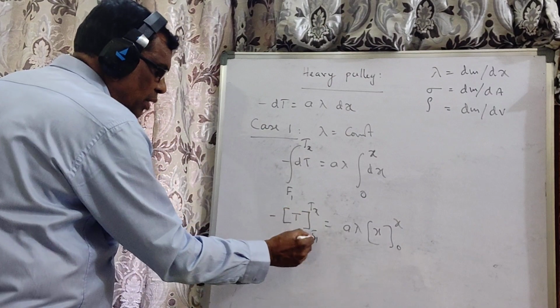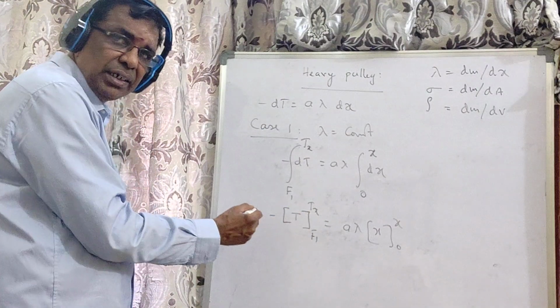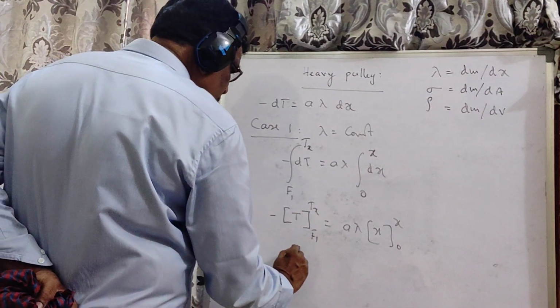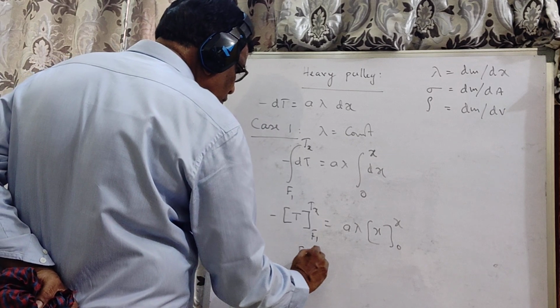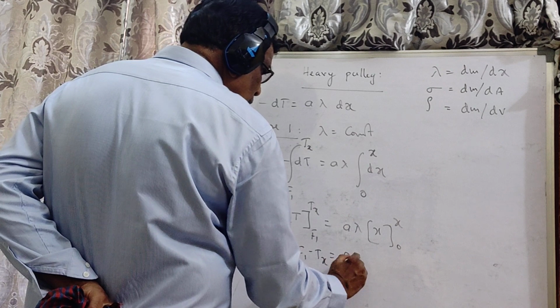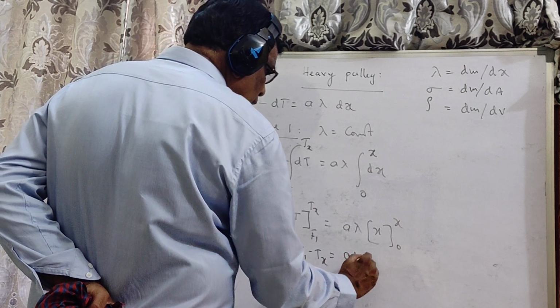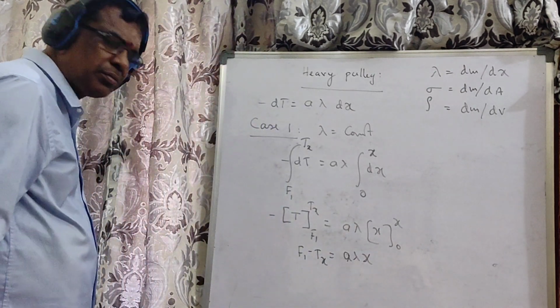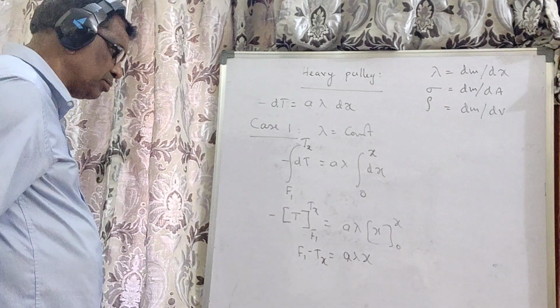So Tx minus F1. There is a negative sign. Therefore, F1 minus Tx is equal to a lambda x. That is number 1.